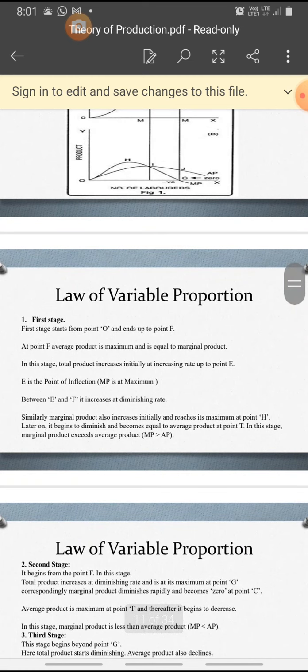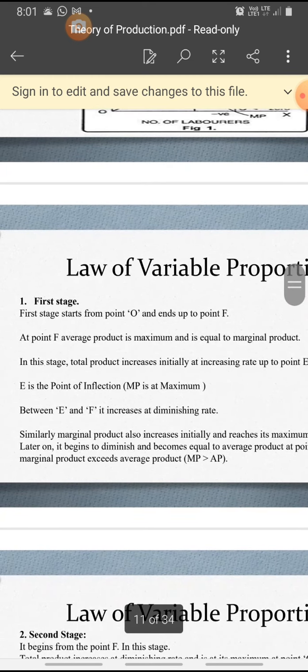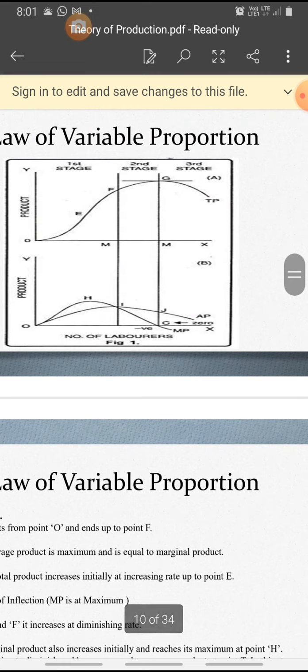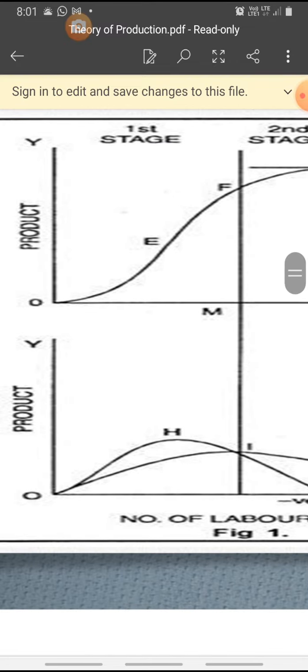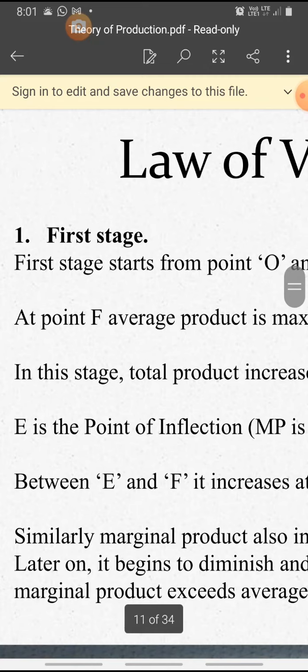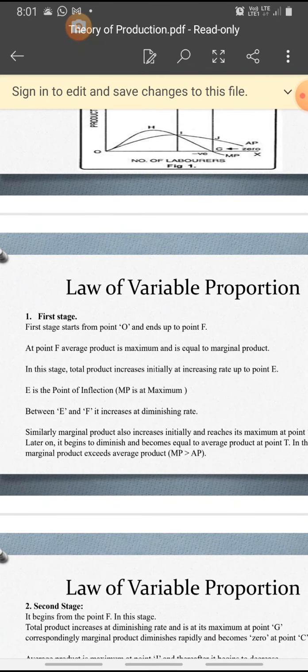The first stage under the law of variable proportion starts from point O and ends at point F. In this stage, total product increases initially at an increasing rate up to point E, where point E is known as the point of inflection, where marginal product is maximum.